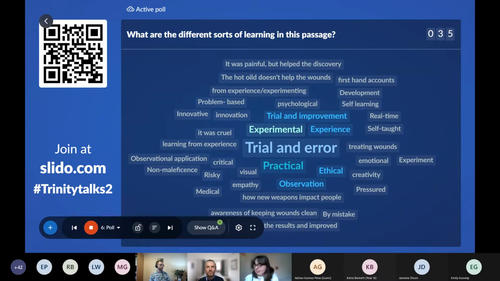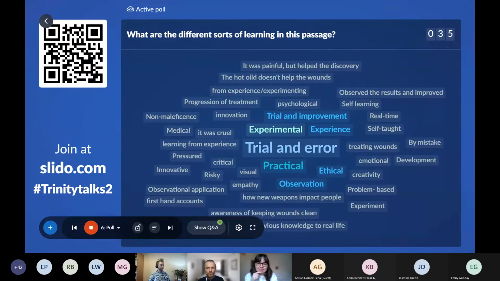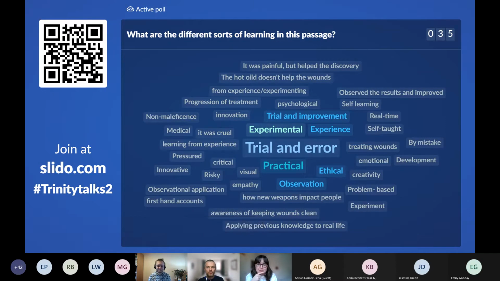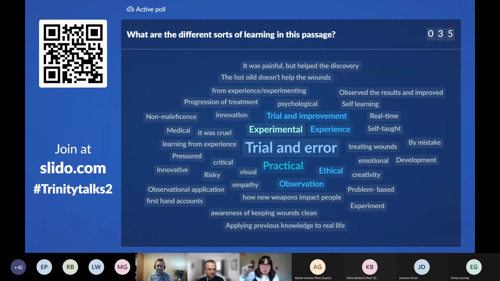So I think this passage is really interesting because before we get to this point, he works through the different ways. Some of you have written observation, which is exactly right. The second moment in the passage is when he's observing the surgery, observing the work of his different surgeons and hoping that he can learn through them how he might do it. And even before then, he's talking about reading in the book of his fellow surgeon Jean de Vigo.